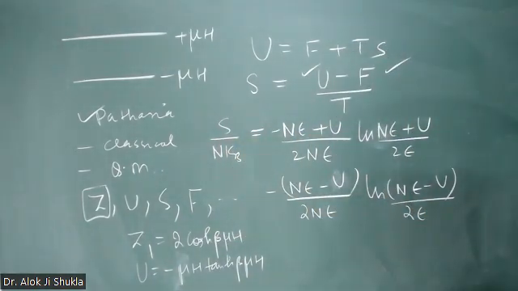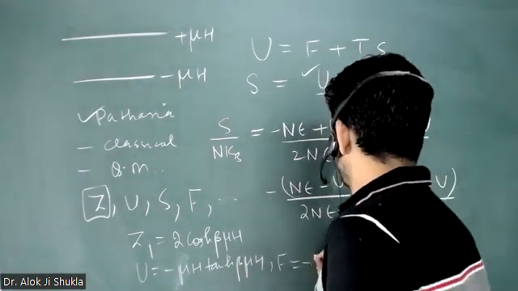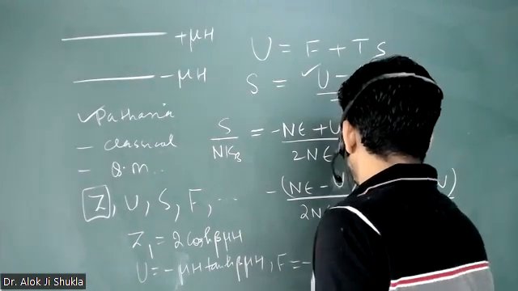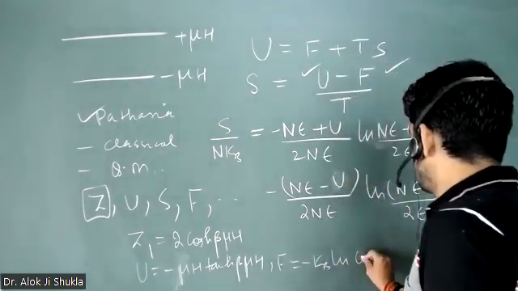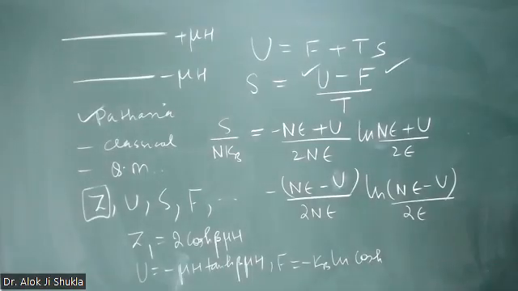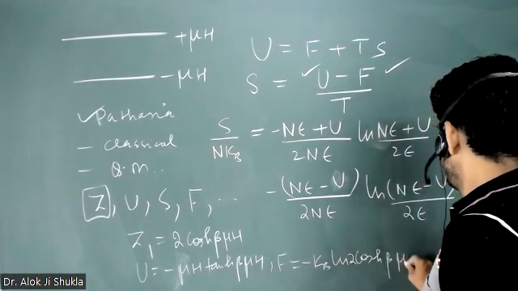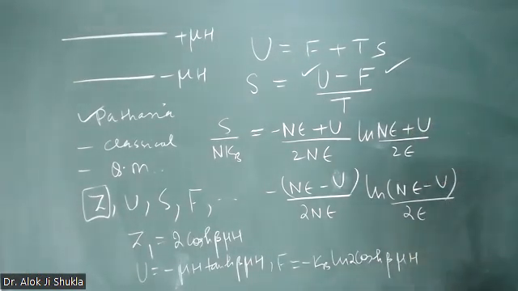What is F? Minus kBT ln, sorry, 2 cosh beta mu h. Okay.